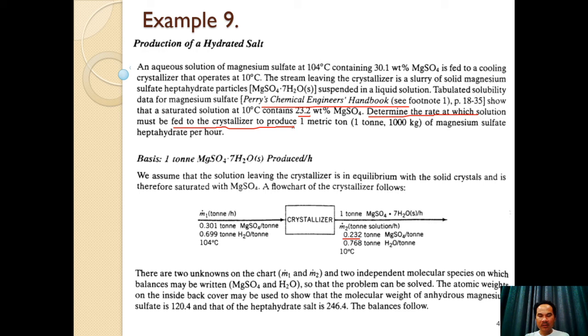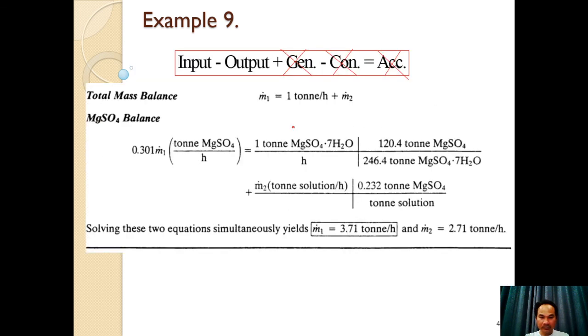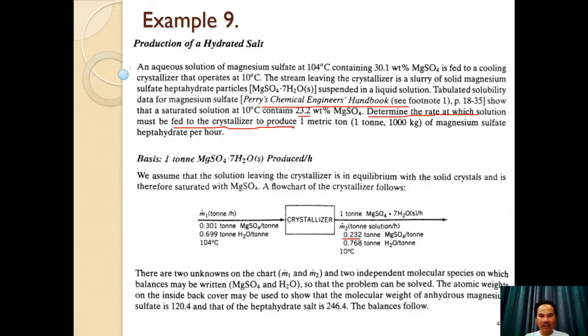For this case, we have to calculate M1, the total mass, total ton per hour of feed. Okay, for this case, we base it on 1 ton magnesium sulfate heptahydrate per hour as the product.